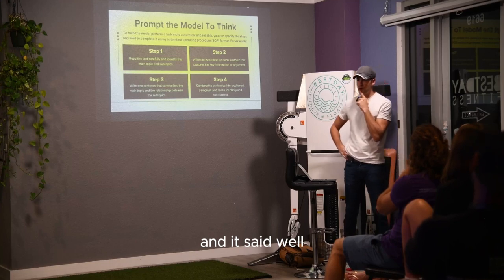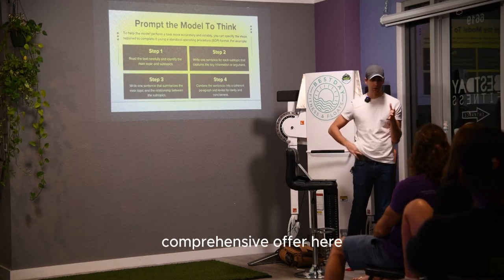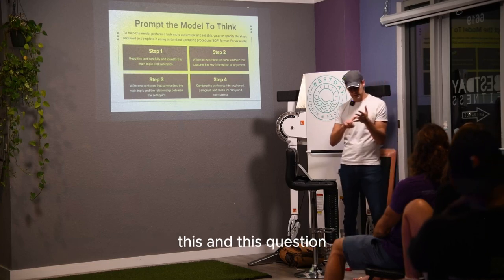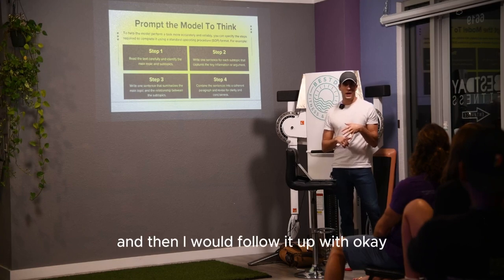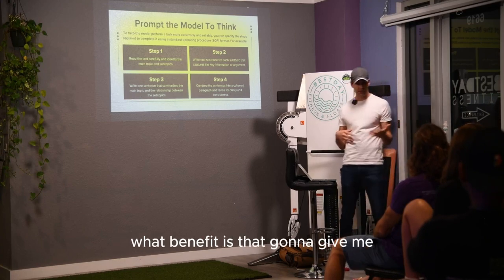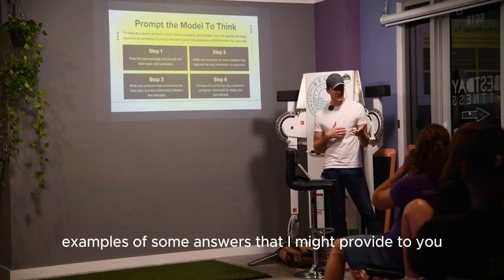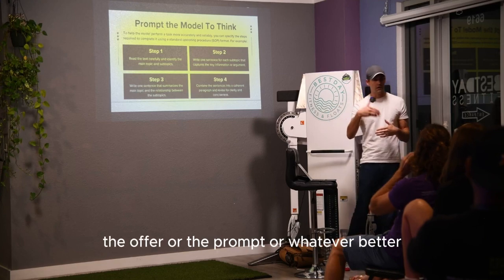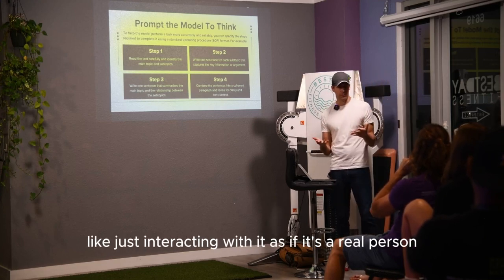And it said, well, depending on what it was, I think you've got a pretty good comprehensive offer here, but you may want to consider this, this, and this question, or adding in this information. And then I would follow that up with, okay, why would I want to do that? What benefit is that going to give me? What are some examples of some answers that I might provide to you that would make the offer or the prompt or whatever better? Like just interacting with it as if it's a real person or a coach or whatever it's going to be.